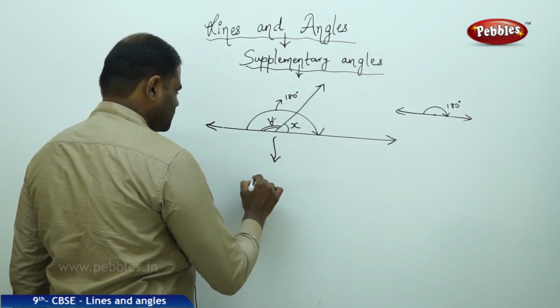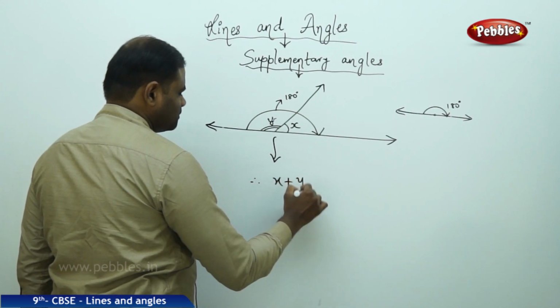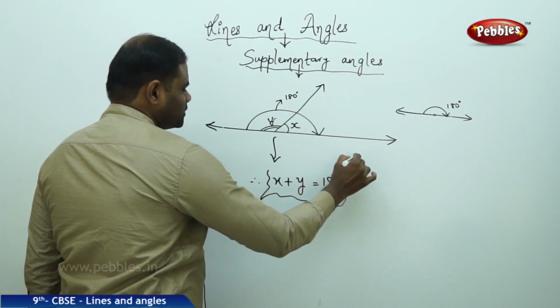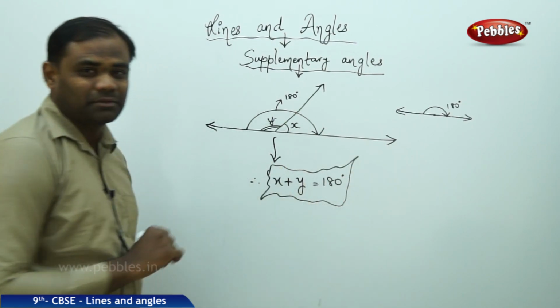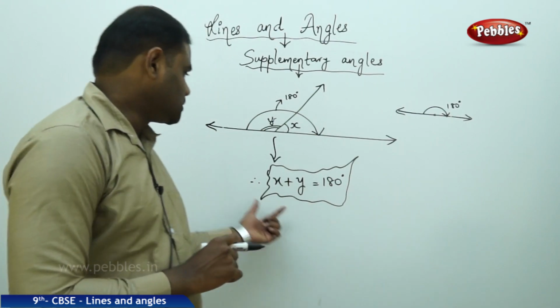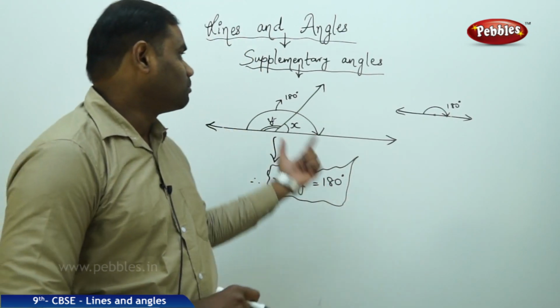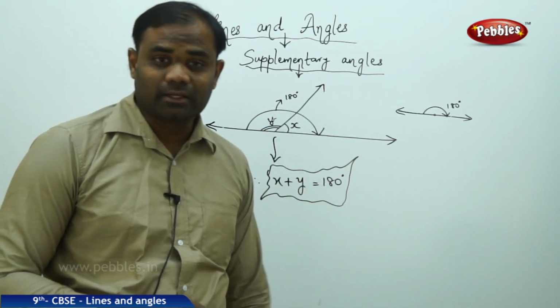Therefore, as seen from the diagram, X plus Y is 180, and we have the property that if the sum of the angles is equal to 180 degrees, then the two angles are called supplementary angles.